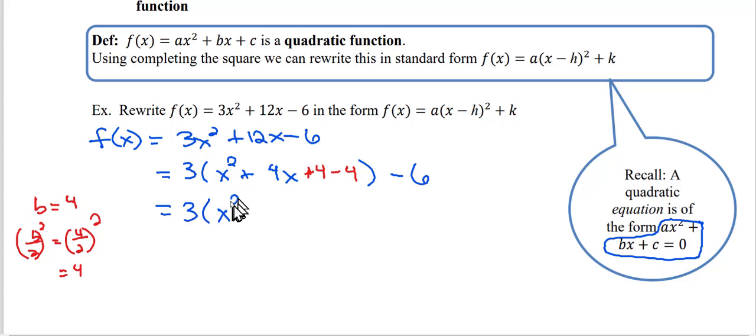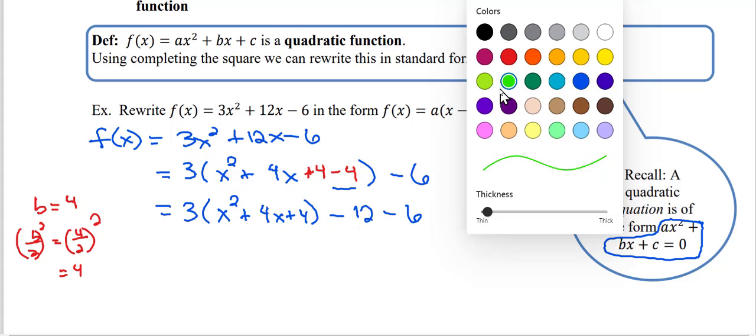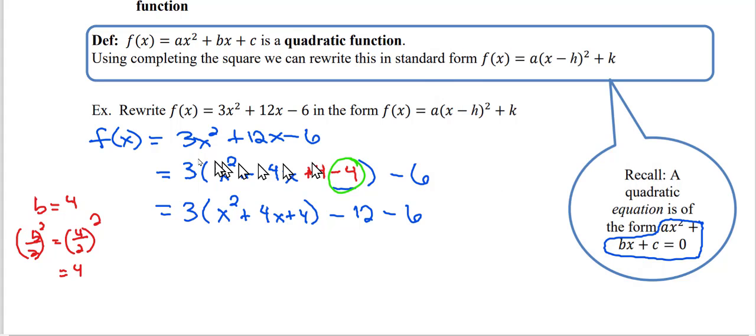I'm going to rewrite this as 3 times x squared plus 4x plus 4. I'm going to bring that minus 4 out of the parentheses because I don't really want it in there. When I do that, I have to bring it out as 12 because we have to consider that the 3 and the 4 are multiplied together, right?